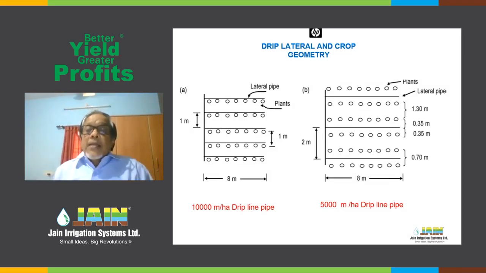There are cases like that. Here, for a beginner, what is to be understood is, whilst every row would take about 10,000 meter of drip line per hectare, the moment you do alternate rows, that is, 1 drip line for 2 rows of plants, you halve the drip line requirement.